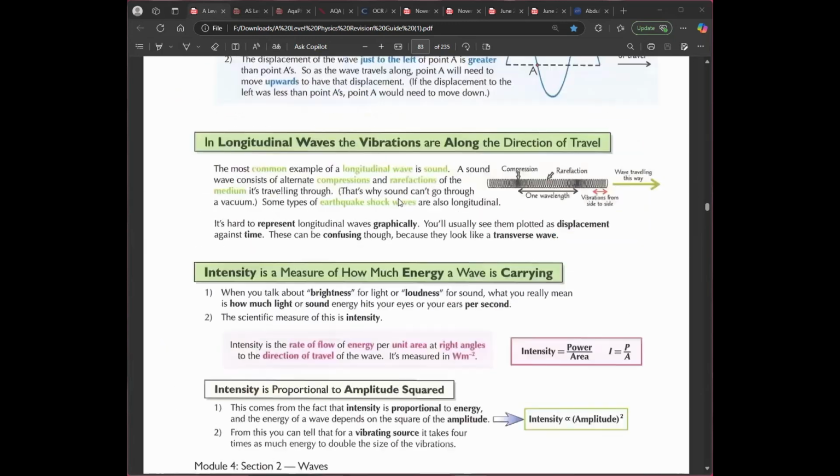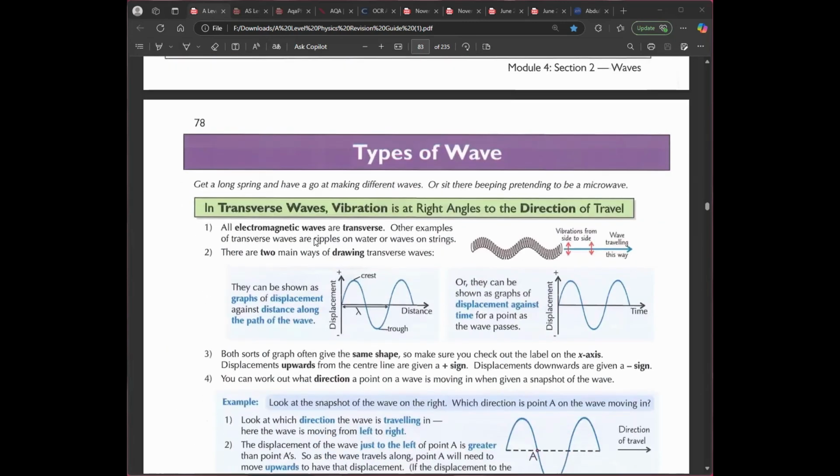I'm not sure if I went through that. Yeah, so a transverse wave is when the vibration, like water particles when you disturb water. So vibration is like this, but the wave is traveling in this direction. You can see that the wave is progressing as you disturb water. So basically, a transverse wave is where the vibration is at right angles to the direction of travel.